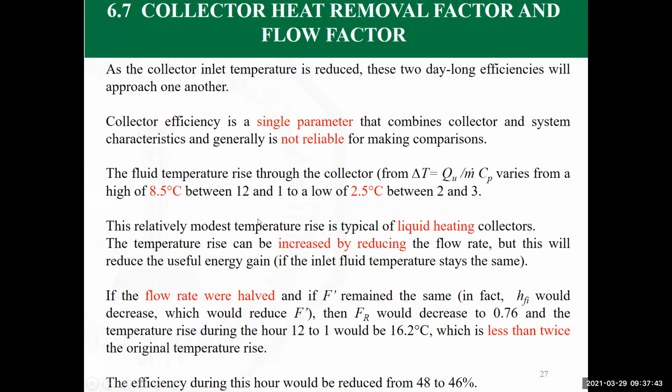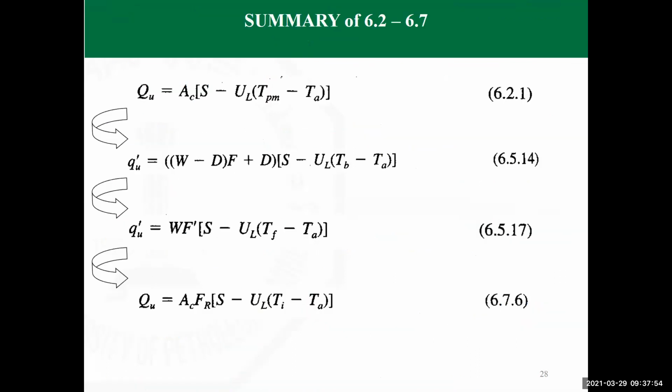So the efficiency during an hour, if you are going to change the flow rate, can drop from 48 to 46. So you are changing the flow rate to increase the temperature, but the efficiency drops, which is not helping a lot.